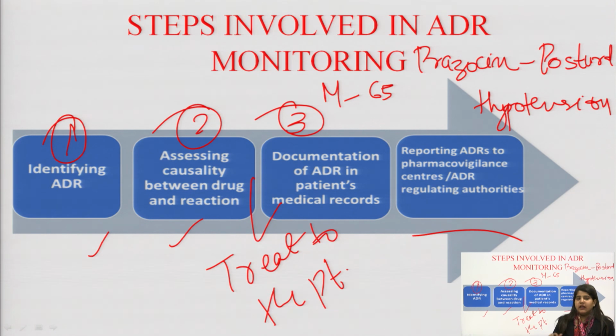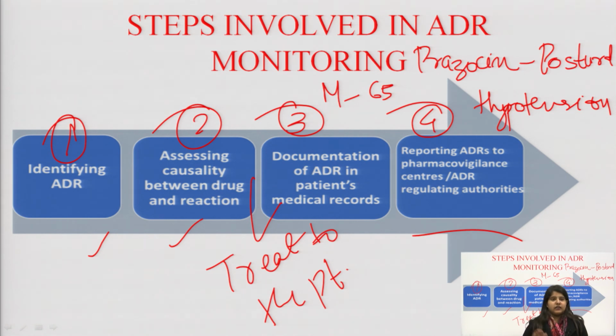Then it comes to the documentation and further reporting. Another thing that is necessary to mention in this step is that whenever an ADR is reported back to the pharmacovigilance center, there is a whole process of documentation that has to be sent with it, right.